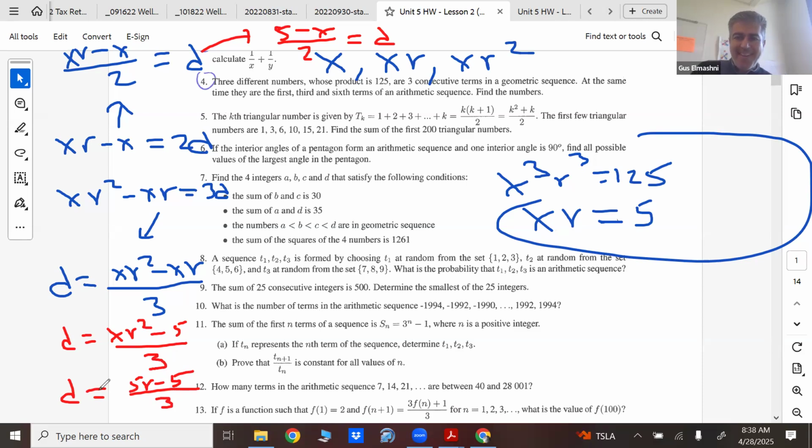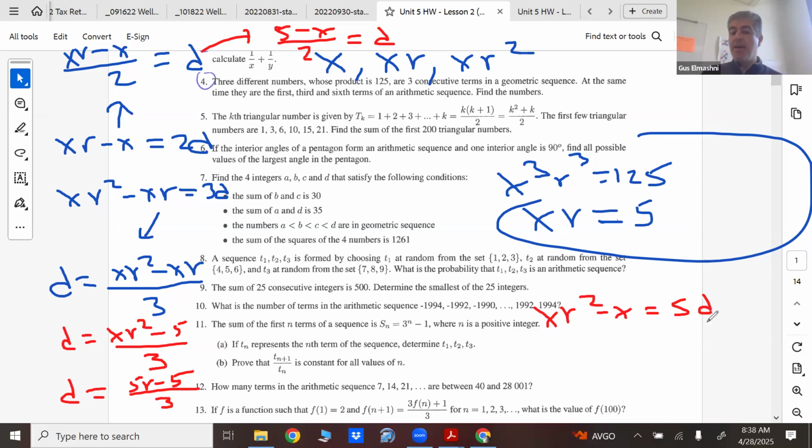Give me a sec here. All right, now I've got 3 variables and 2 equations, so now I'm a little stuck. I could also say this as well: xr squared minus x equals 5d. You guys agree with that too?